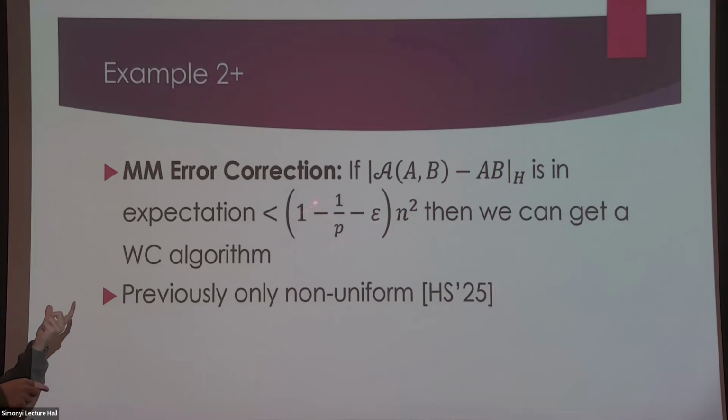Like the Hamming distance is smaller than (1 minus 1 over p minus epsilon) times n squared. Without the epsilon, this would have been just what I would get by returning a random matrix every time. So I have an algorithm that on average inputs returns something that is a tiny bit correlated with the result.